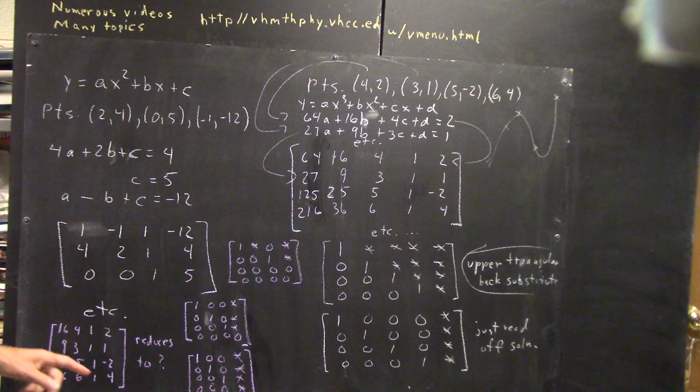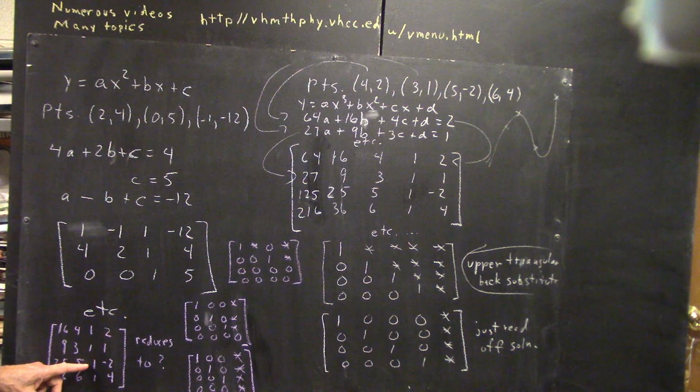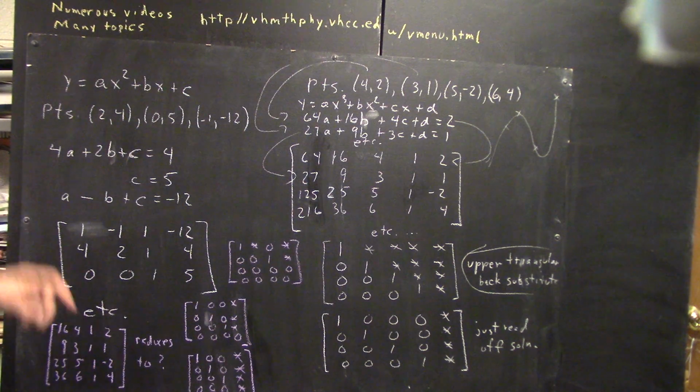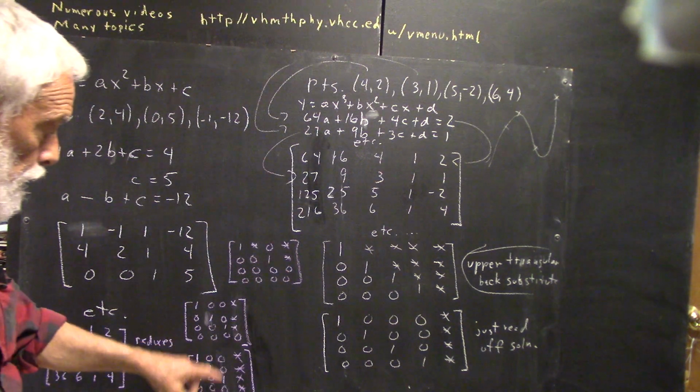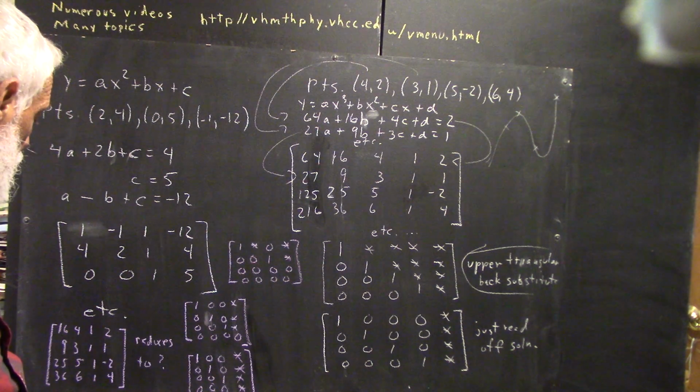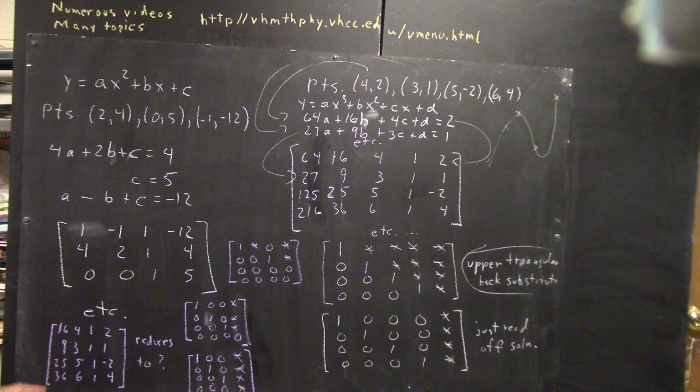And we can do the same thing now with the number here, which by the time we've done some reduction will no longer be 1, but we get a 1 here, one way or another, and then we use it to take care of everything above and below. And then, well, we've got what we've got when we get to our last row.